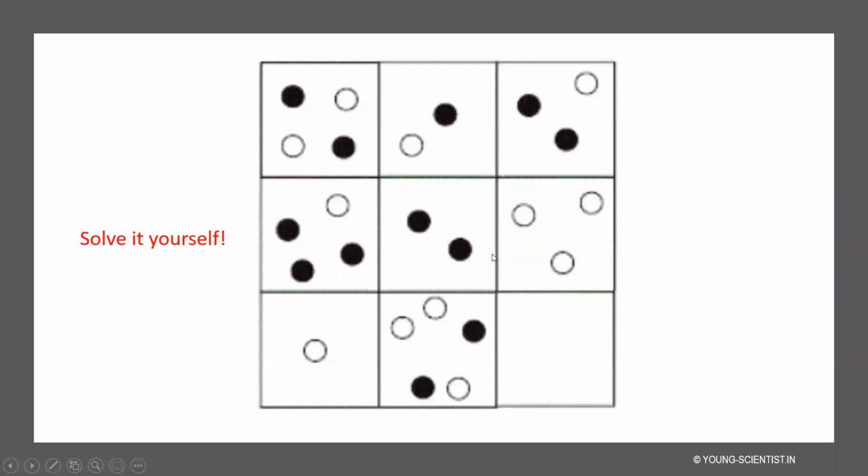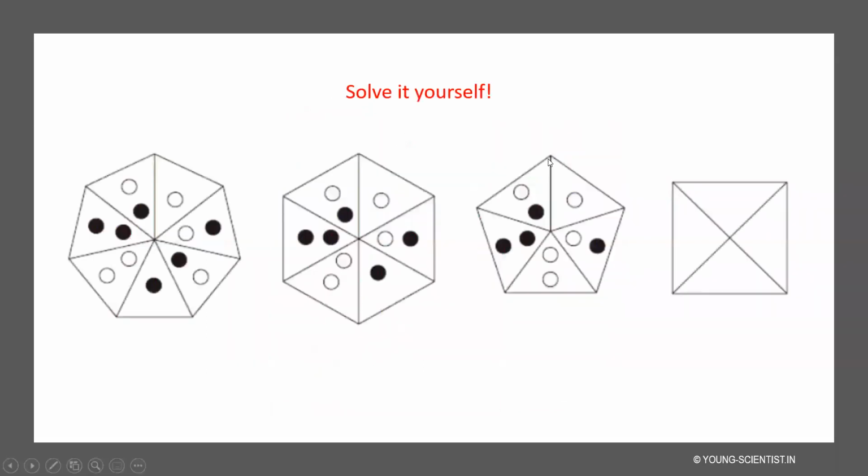So in the worksheet, you have more of such problems like this one. Okay. And these things, they're not immediately clear as to how they would form a pattern. It will take some time to analyze and get the relationship. Okay.